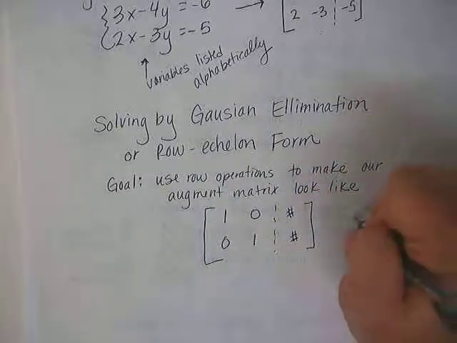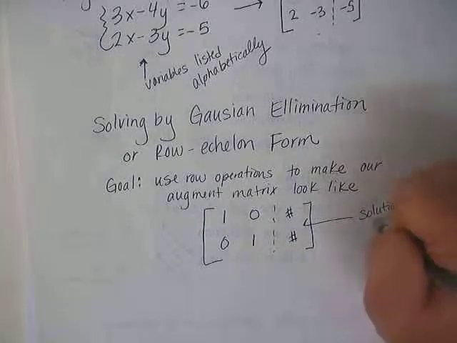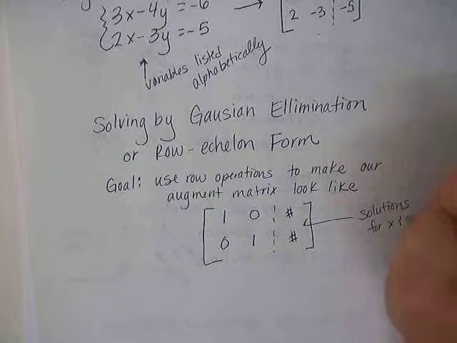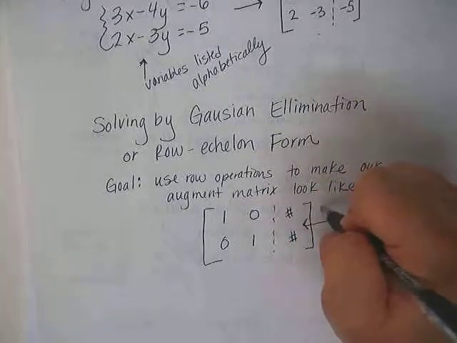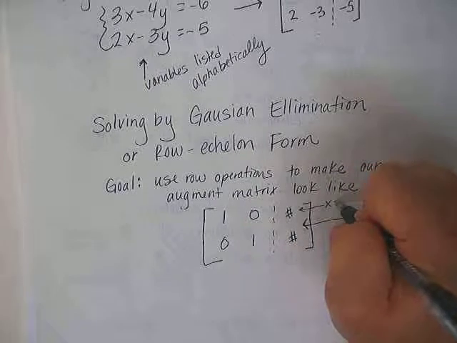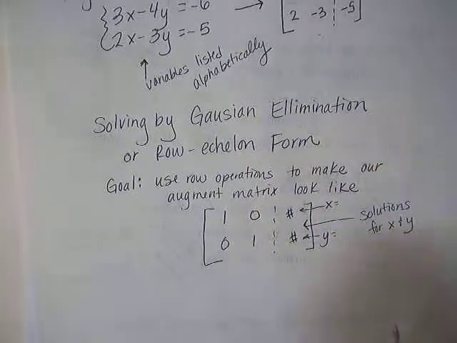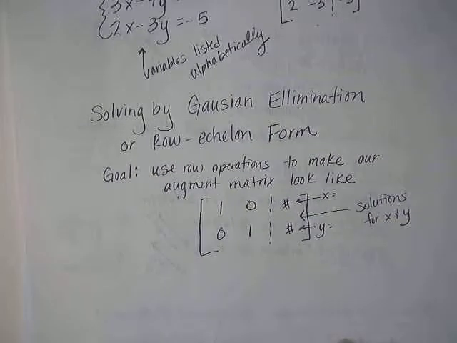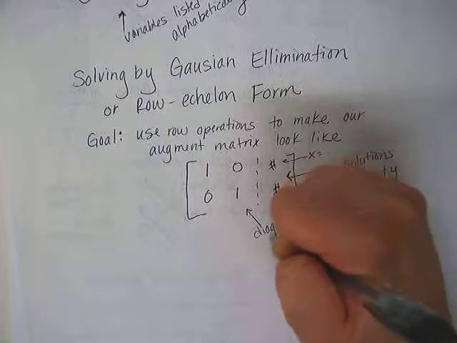This is going to have a number that we don't know yet, and this is going to have a number that we don't know yet. And those are the solutions. So this will be the solution for x, so x will equal that number. And this answer will be the answer for y, so y will equal that number.